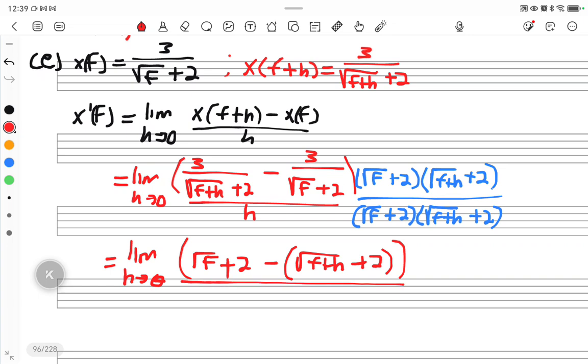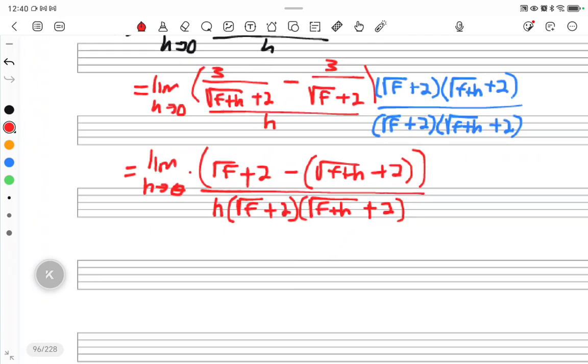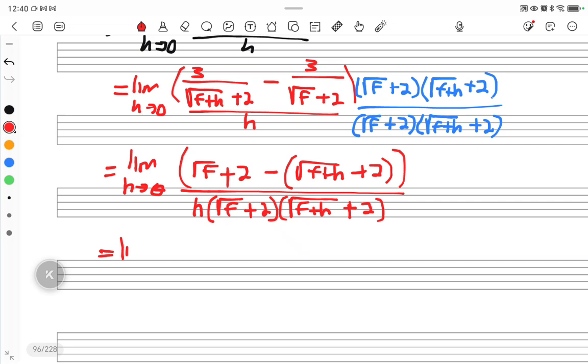You see, right? All over h times root of f plus 2 root of f plus h plus 2. So this would be the limit as h approaches 0. Remember, the step after here is to simplify, right?